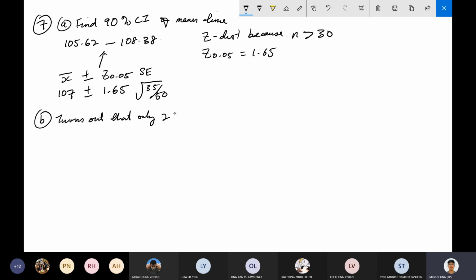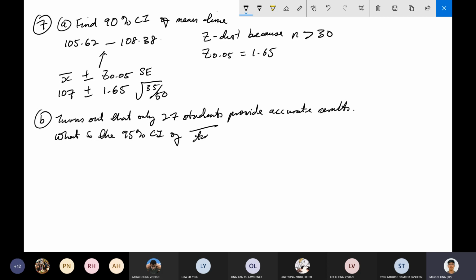Okay. So it turns out that only 27 students provide accurate results. So what is the 95% confidence interval of mean time?